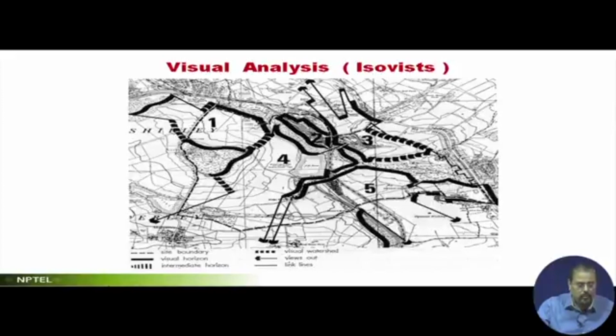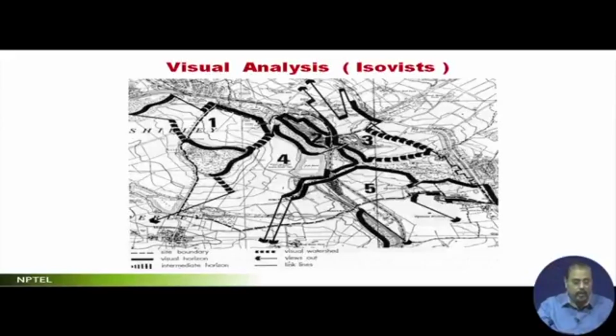This thick line is called the visual horizon. Visual horizon is when there are two contours going parallel. If walking along this particular contour you have a good view, naturally, if this contour is higher and the other lower, then the good view comes onto the lower hills.